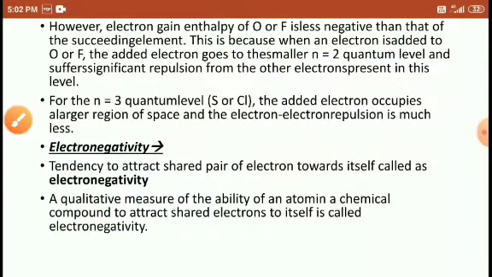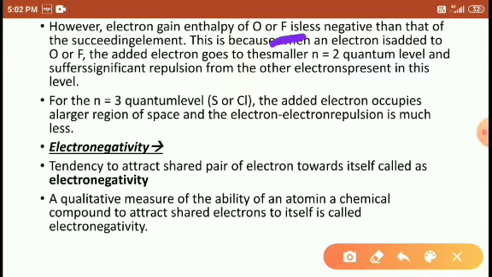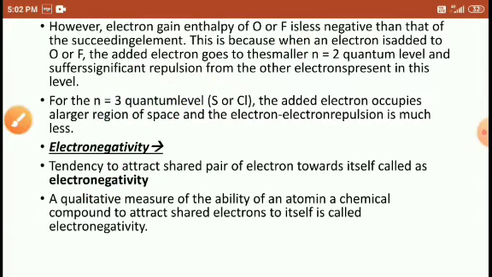So that's why the fluoride ion is not very stable here, because electronic repulsions occur. Students, due to the electronic repulsion and the small size, the incoming electron does not feel much attraction, right?